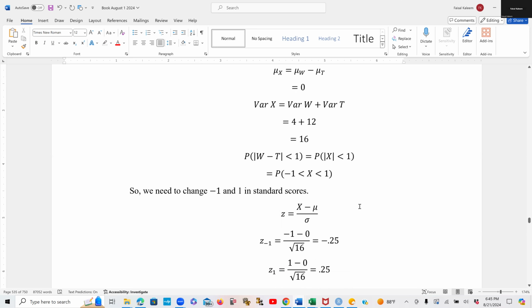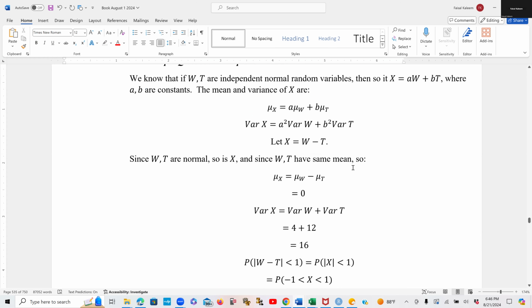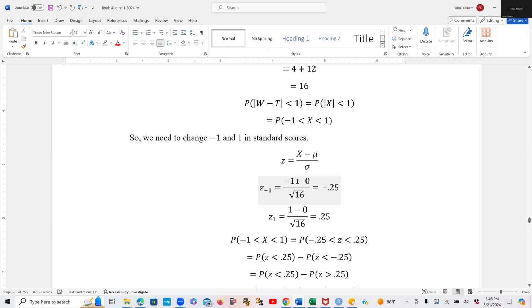The z-score formula is X minus the mean over standard deviation. And for the -1, when X is -1, the z-score will be -1 minus the mean. And we calculated above that the mean of X is 0, variance was 16. So -1 minus 0 over square root 16. Sigma is the standard deviation.